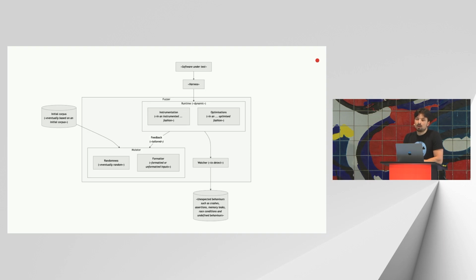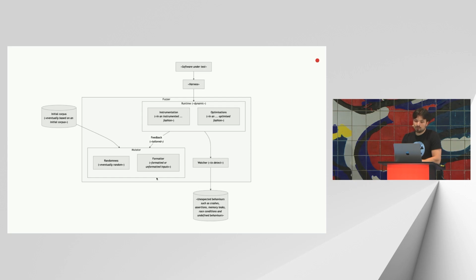For example, looking into the registers of the CPU when the program is running, and optimizations, because we are running the same program probably millions of times. So we can use some operating system optimizations, for example, freezing the process and using that snapshot for running the process again to speed up the entire fuzzing session.